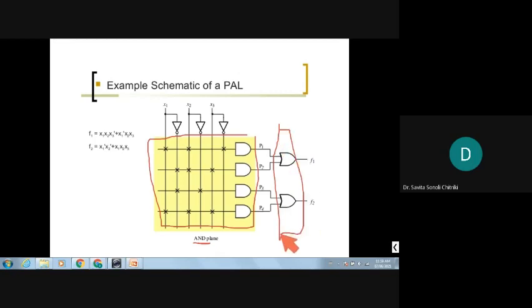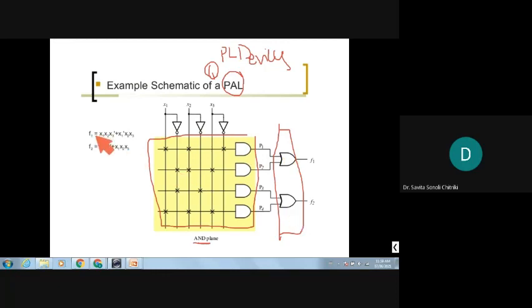Now, PAL, programmable array logic, is part of the PLD. PLD is programmable logic devices. In programmable logic devices, the first type we are studying is PAL, programmable array logic. Inside this IC there is just an array of AND and OR gates.